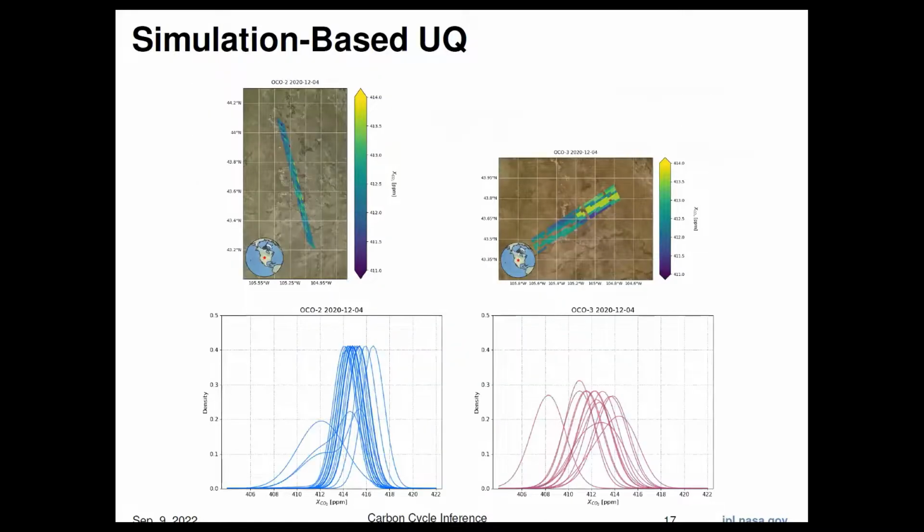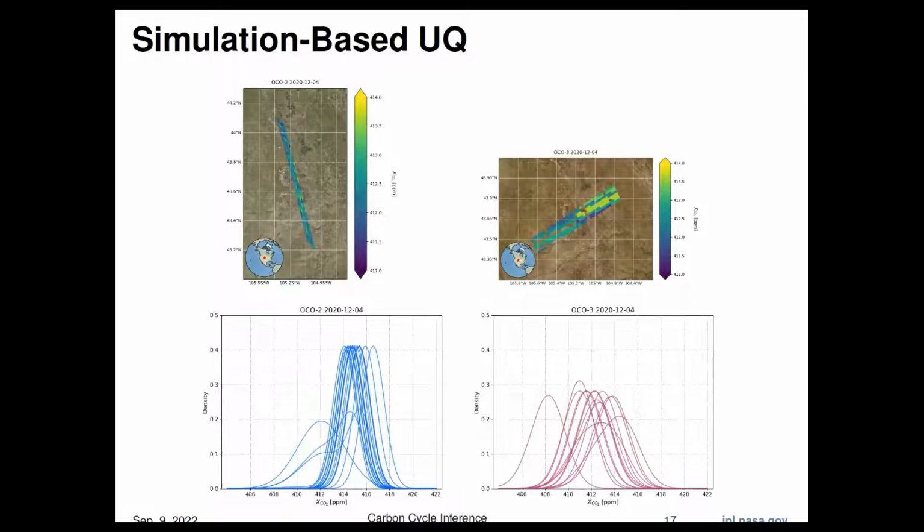Here's an illustration of what that looks like. I think this is the same map from OCO-2 from before. I chose this because on essentially the same day, around the same time, OCO-3 had an overpass close to that same area. This happens infrequently between the two satellites, but it's an interesting opportunity to compare them.